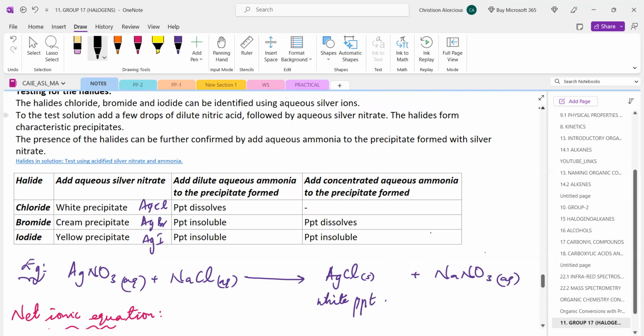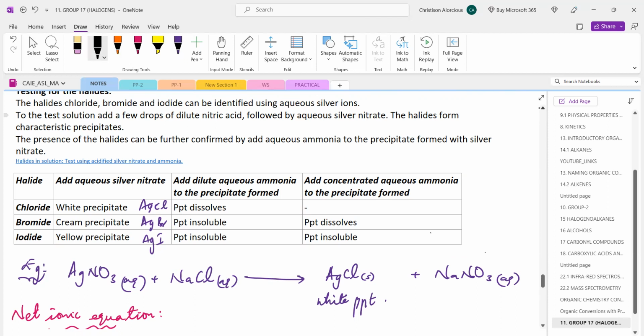Now, that is why if you look at the tests given at the end of your practical paper, it does not talk about dilute and concentrated. It just talks about the precipitate for chloride being soluble, the precipitate for bromide being partially soluble, and the precipitate for iodide being insoluble.